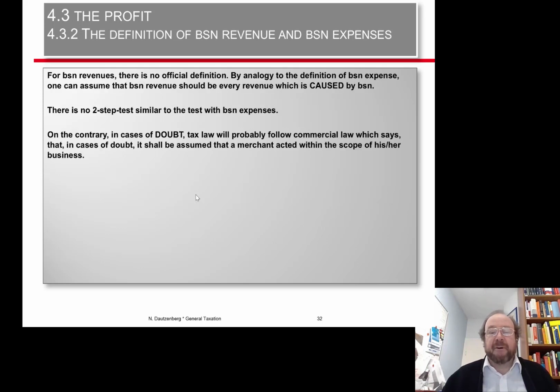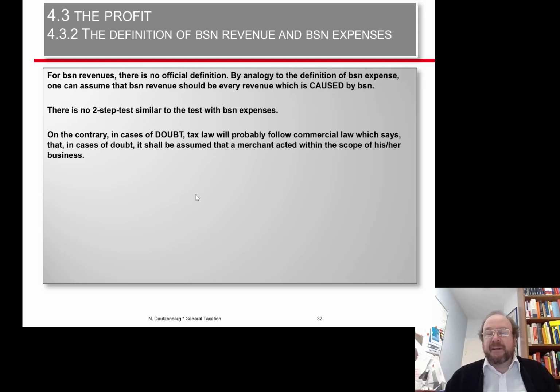So you have always this sequence of two tests for business expenses. For business revenues, there is no official definition, and there you would ask, are they caused by business? But there is no two-step test, similar to the test which you have with business expenses.